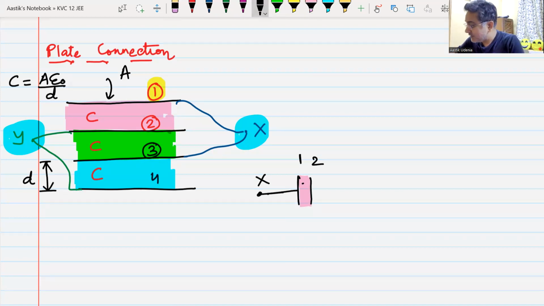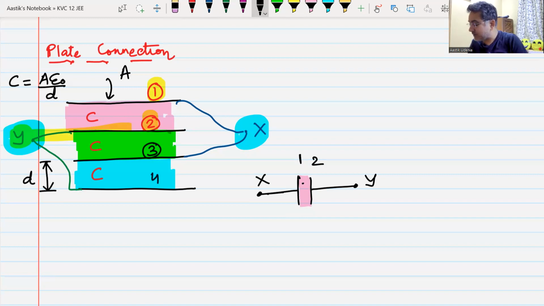Now you can see this plate number 2, my dear friends. Plate number 2 is connected to point Y. So I just connect this plate to point Y. So what I have done is I have drawn the pink capacitor, and this is how it is connected. We understand this? Yes or no? Yes, sir. Then I will do the same thing with the green capacitor.